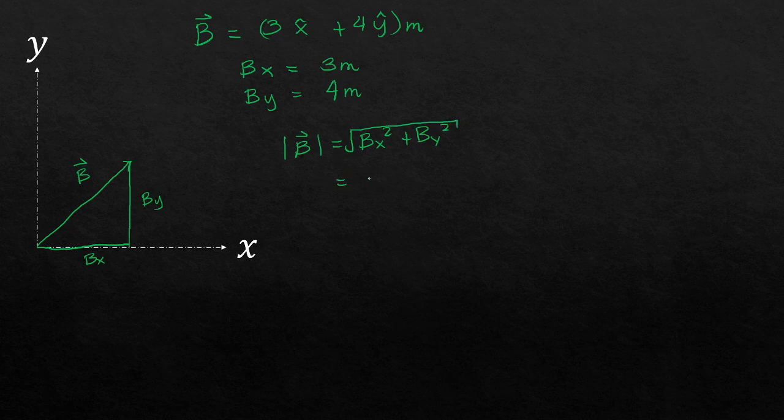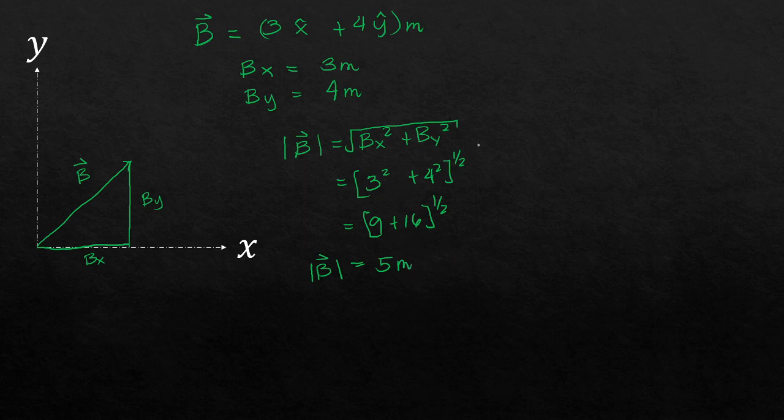So this would give us 3 squared plus 4 squared, so that would be 9 and 16 added together, under the square root sign. So the magnitude of B is actually 5 meters. Okay, so we now have the magnitude.